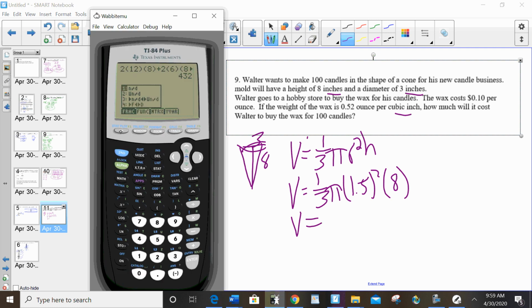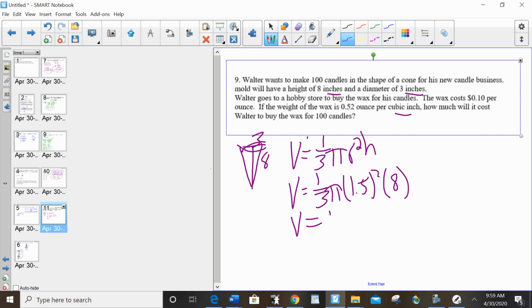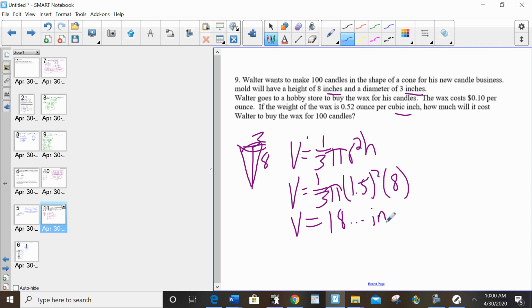Again, for these real-life problems, almost always we're typing pi into the calculator. Since it wants my answer rounded at the end, 1/3 pi 1.5 squared times 8. 18 ... cubic inches.